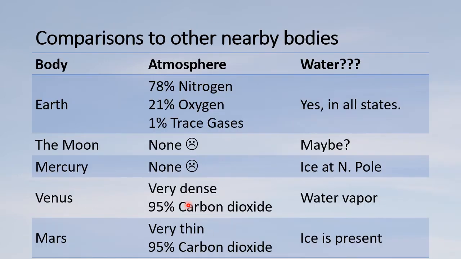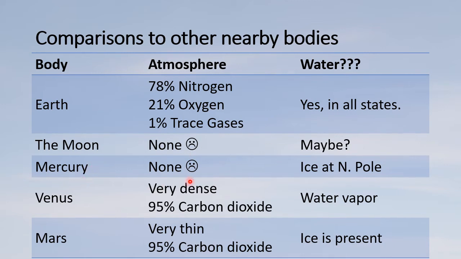So when we compare Earth to other nearby planetary bodies, here's Earth. Our atmosphere is 78% nitrogen, 21% oxygen, and 1% trace gases. Water is in all states, so we find it as a solid, a liquid, and a gas. On the moon, we have no atmosphere. Is there water? Maybe.